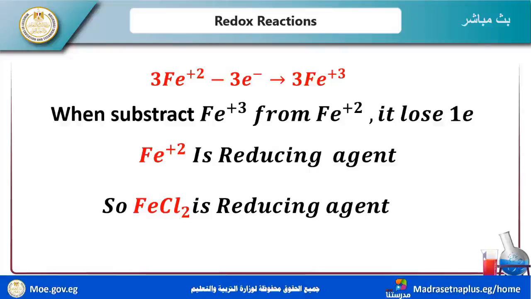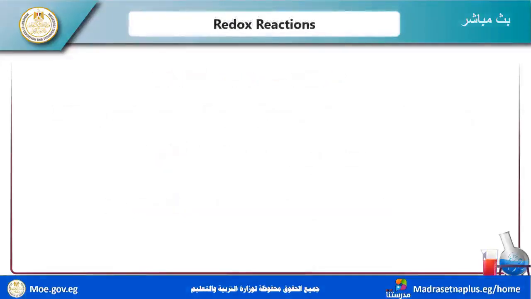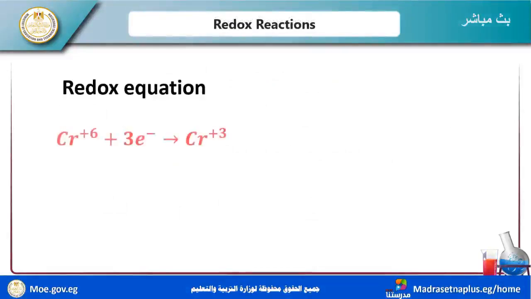Now we have discussed the exchange of the reduction and oxidation processes from this equation. So we have the redox equation: Cr plus 6 plus 3 electrons gives Cr plus 3. Why do we multiply this by 3? Because you must balance the electrons between the two sides. Cr gains 3 electrons, iron loses 1 electron.